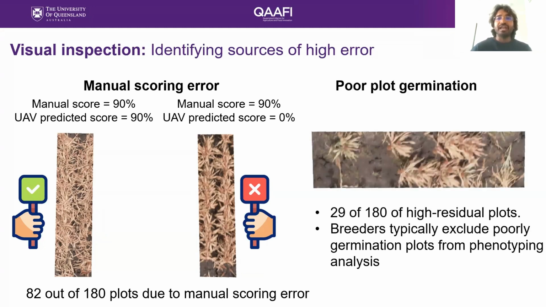The second issue involved plots with poor germination. In some plots, germination was very poor, so there were few plants and more visible ground. When we looked at plots with high residuals, we found that many of them were poor germination plots.